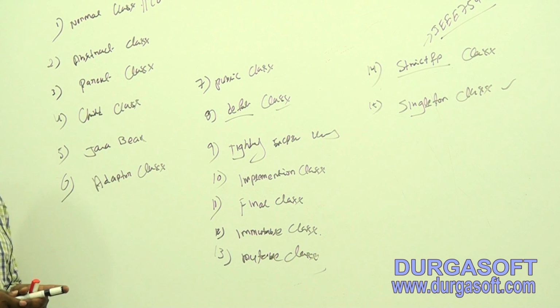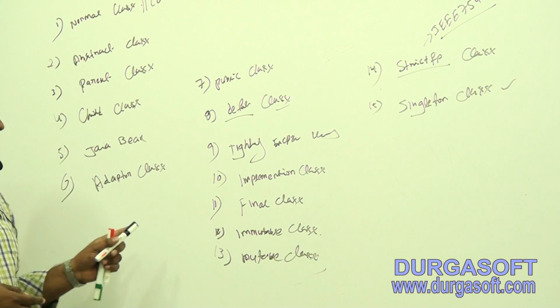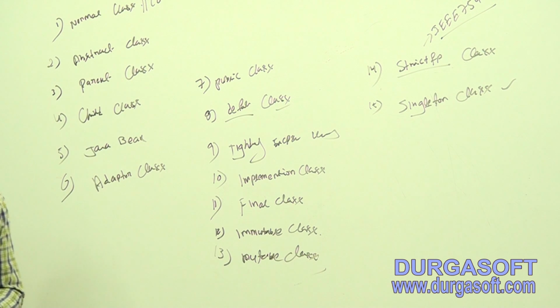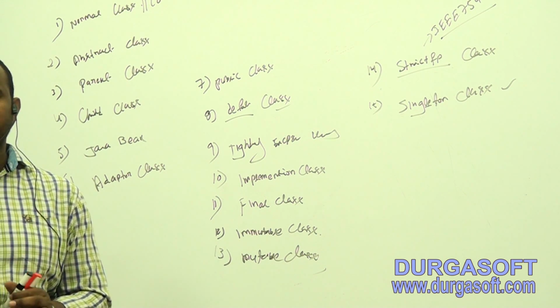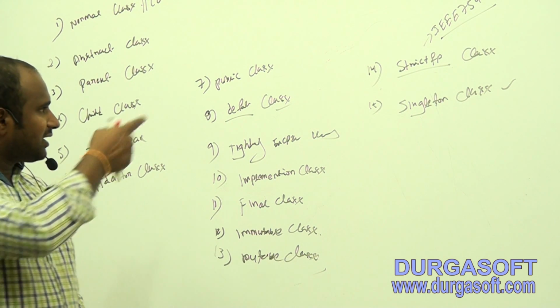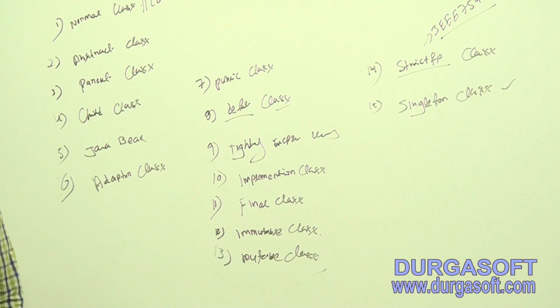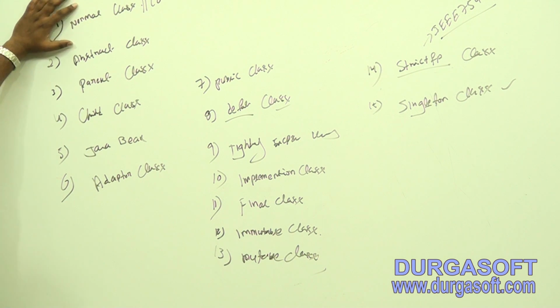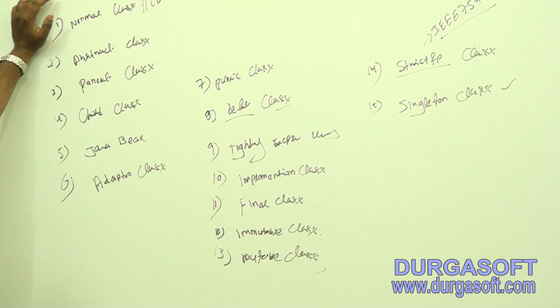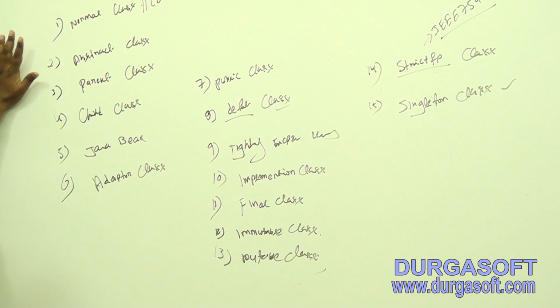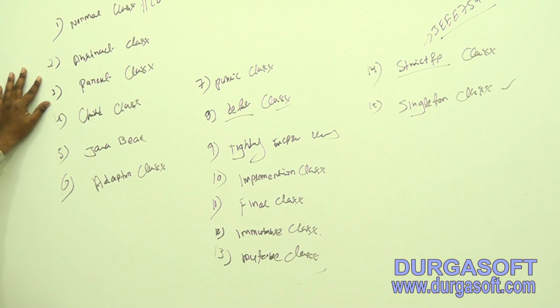Hope the points are clear. Good. So I will complete all the classes in the entire Core Java level. You can check all the classes. Tell me, total how many classes did I list out here? 15 classes total. What is the first one here? Normal class. You know what normal class means? The class contains only normal methods. Abstract class may contain abstract methods or may not, but object creation is not allowed. Parent class, the class which provides the properties.